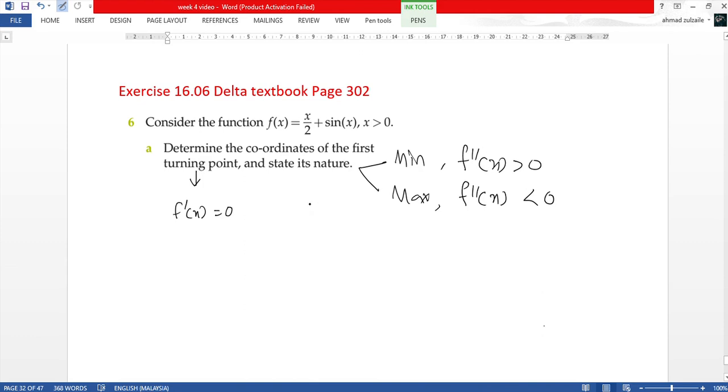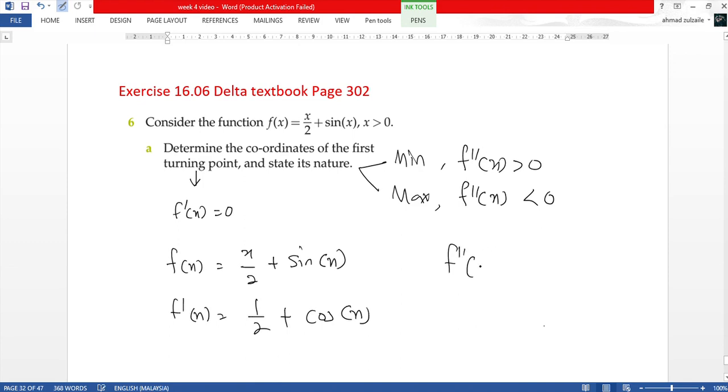Alright. Okay. So we have f(x) equal to x over 2 plus sine x. First derivative, differentiate, you will get 1 over 2 plus cos x.